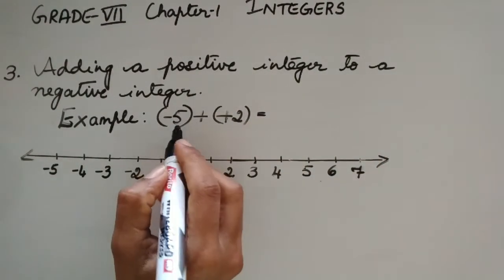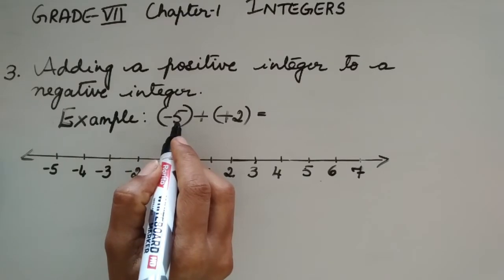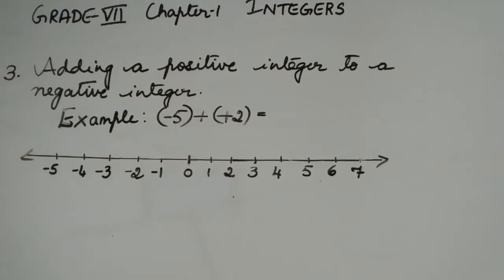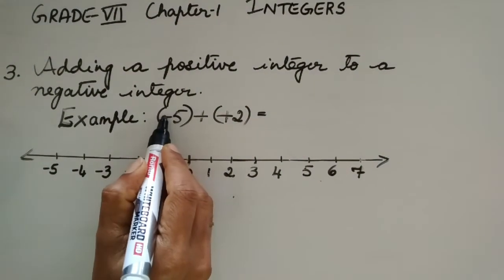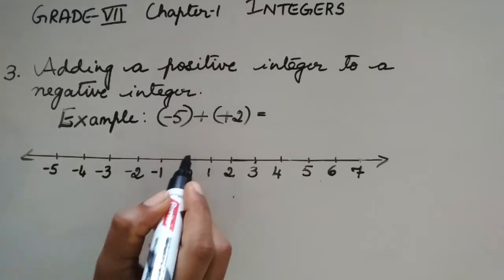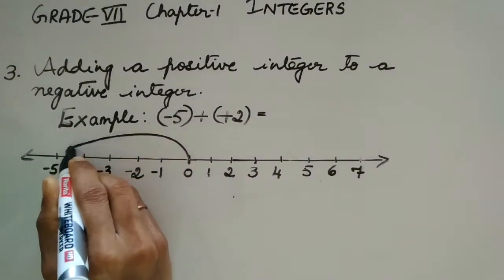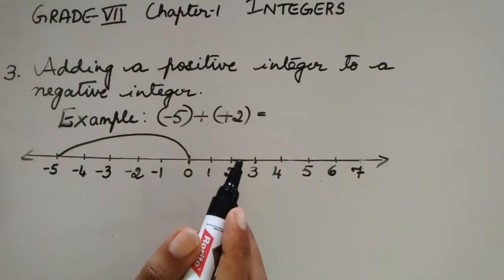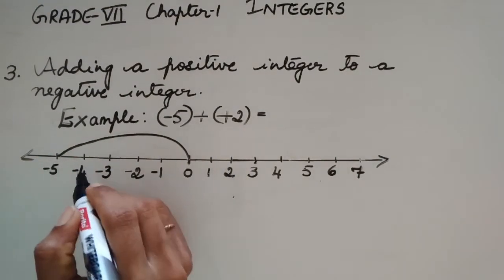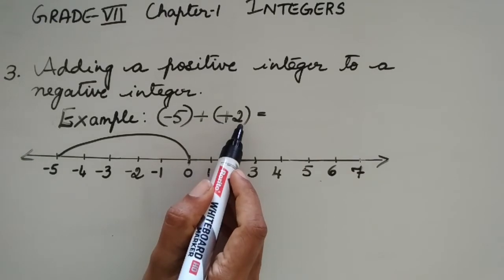So here once again, now we have to move towards the left from 0. Because it is a negative number, minus 5, isn't it? So from 0 I am moving to the left, 5, that is minus 5. Now we have to add 2, isn't it?